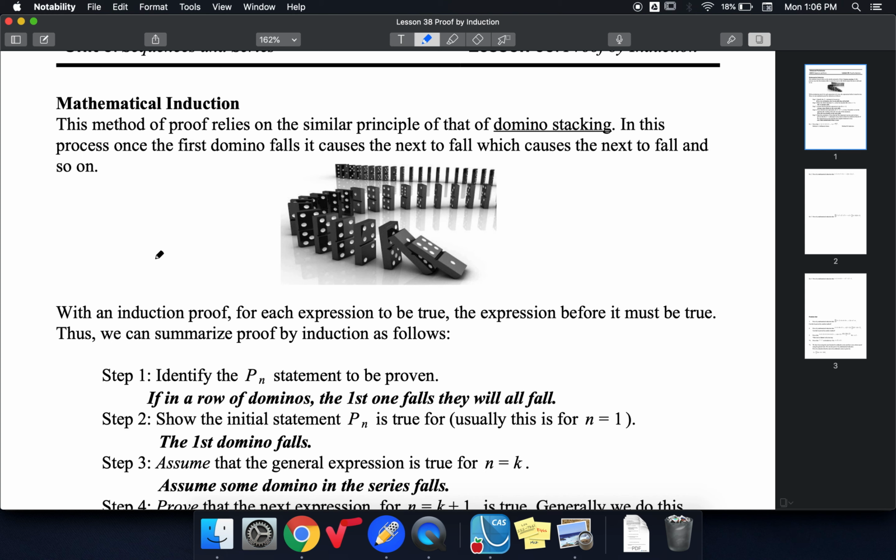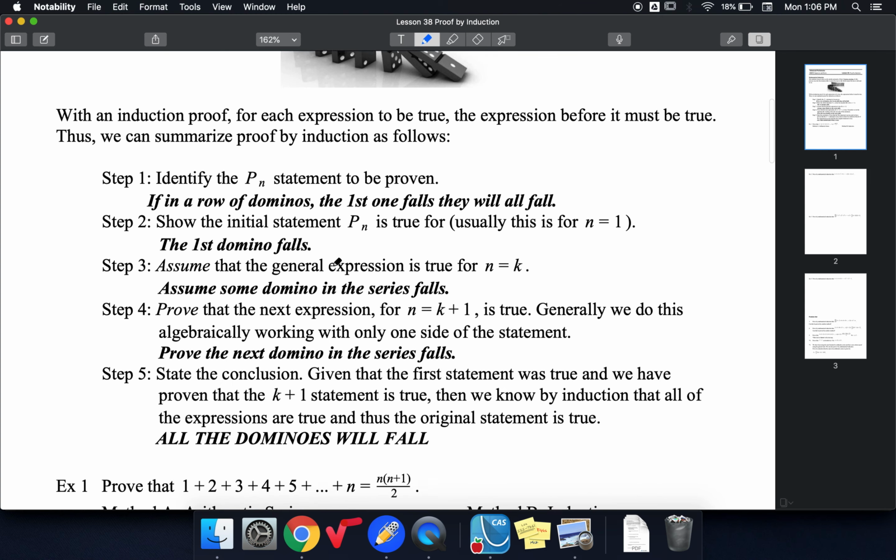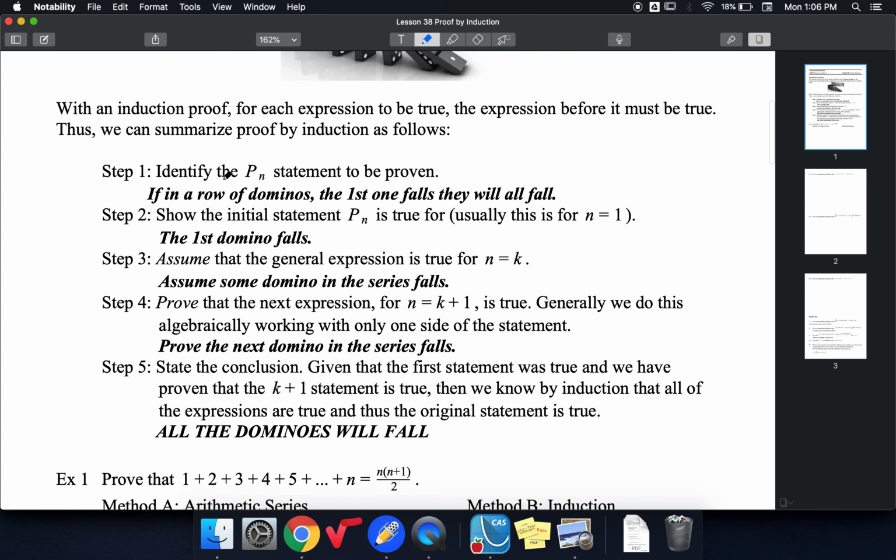The idea with induction is that for each statement to be true, the expression before it has to be true. So here are the steps of an induction proof. Step one, identify the mathematical statement that you're trying to prove to be true.